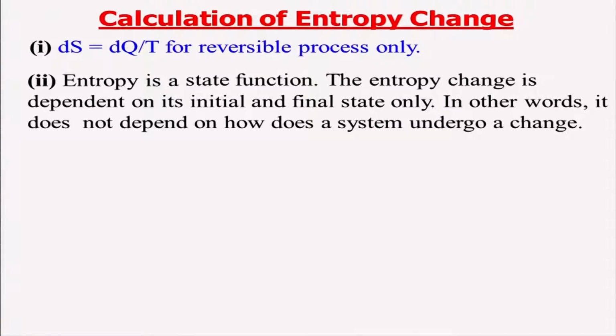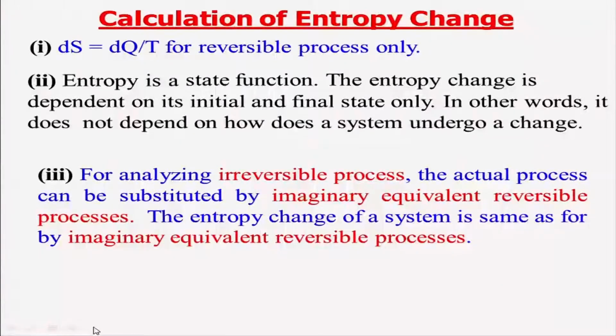It does not depend on the path taken by the system whenever it is interacting with the surroundings. Basically it is independent of the path, but it is dependent on the state or the point between which the system undergoes the changes.